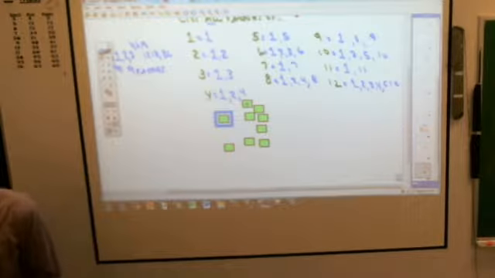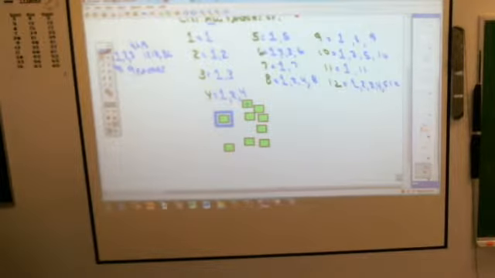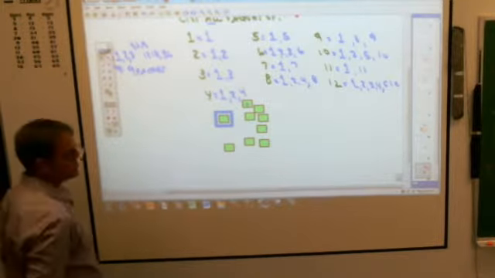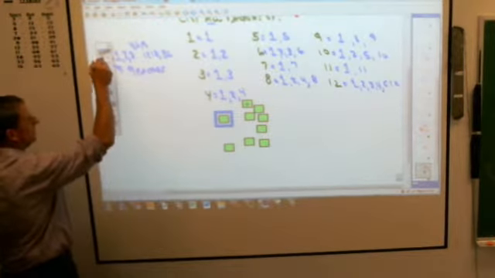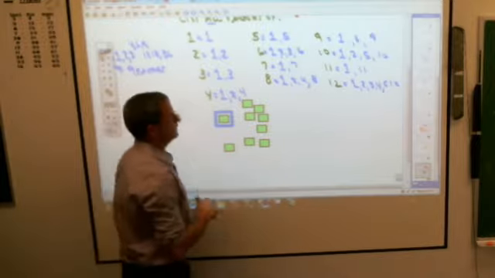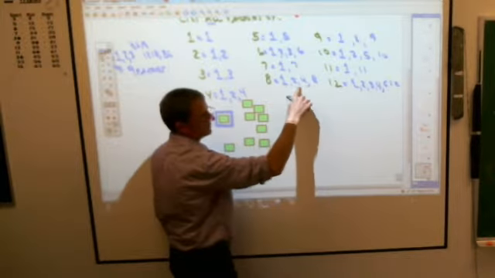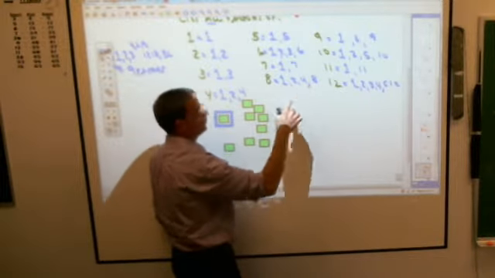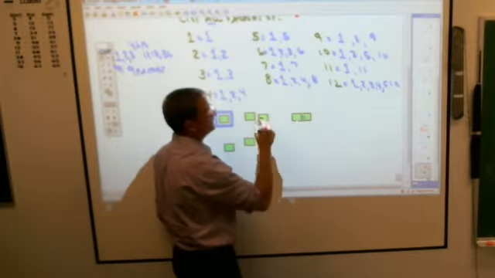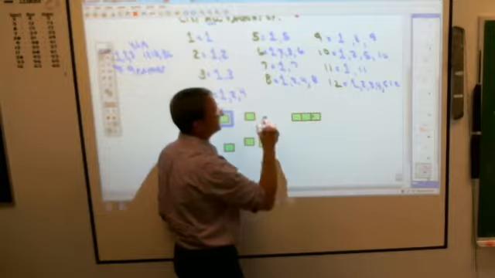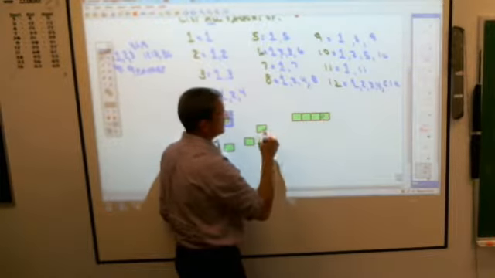The book will ask you to do something with making rectangles and multiplication problems, and that means this. If we look at 8, what are the different factors of 8? 1, 2, 4, 8. Well, that would mean if you take 8 blocks, how many different ways can you make a rectangle out of those boxes?